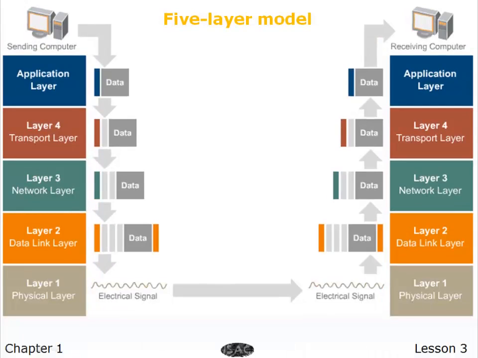Now let's have a look at how data flows through the network using the 5-layer model. When a computer sends data to another remote computer, at first the data is processed by the application layer.